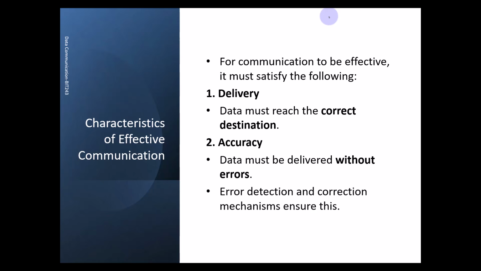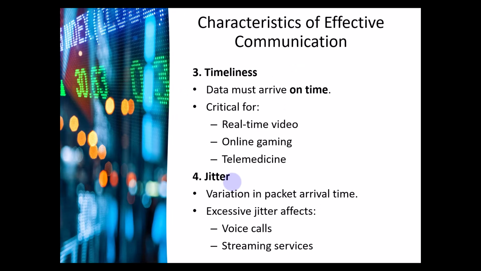And because of this, error detection and correction mechanisms will be in place along the communication channel to ensure this. So the third thing for an effective communication system is that data must arrive on time.